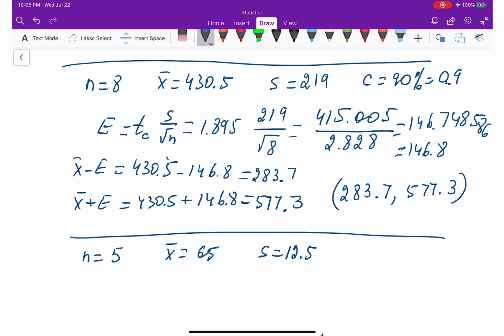Assume the population is normally distributed and use the t-distribution to find the margin of error that contains 0.95 confidence level.